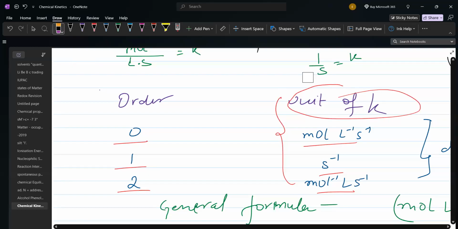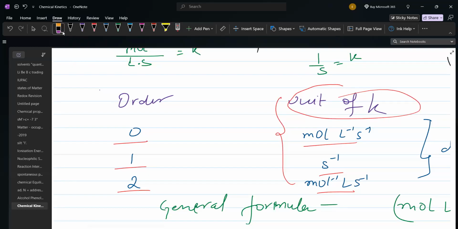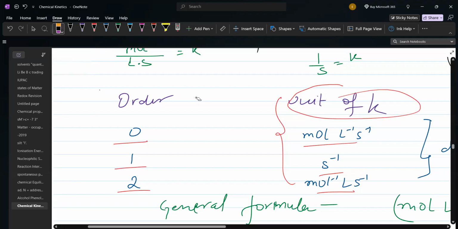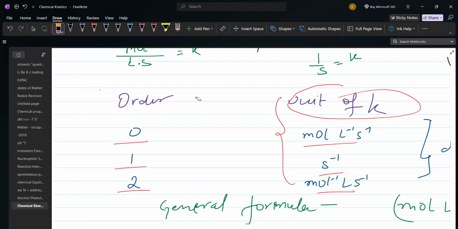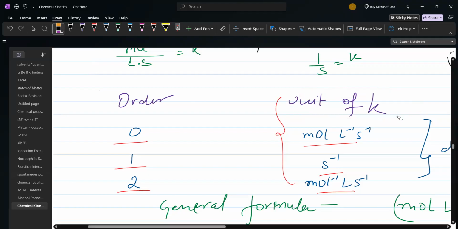Now, can you comment? What is the order of reaction? One. So when you have seen the unit of K, directly you can comment on the order of reaction.